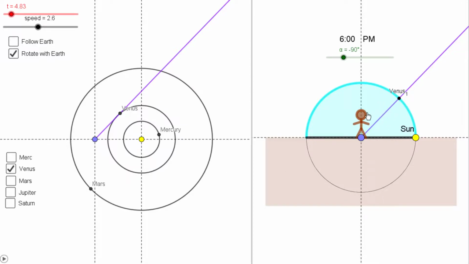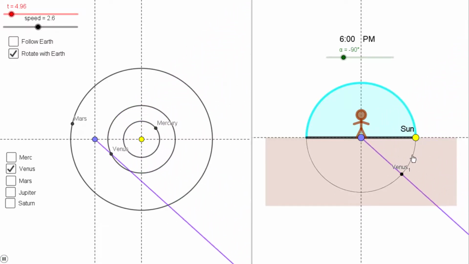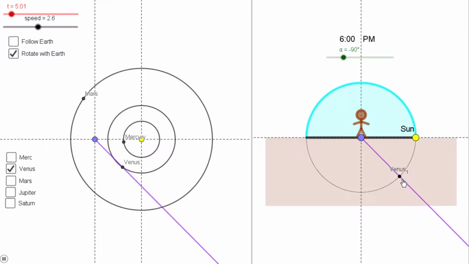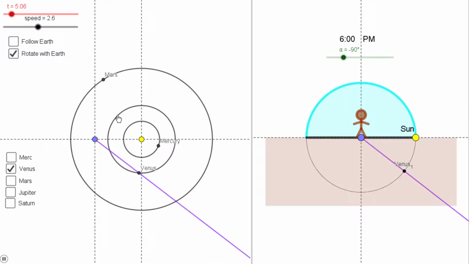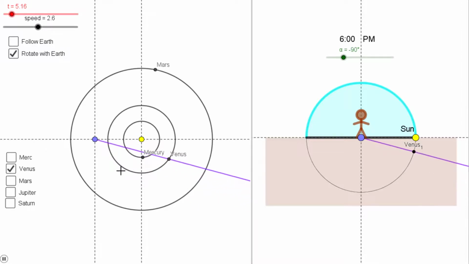And you can see that translates directly into what you see outside at night. So the inner planets are very easy to see orbiting the sun, because that's exactly what we're looking at here. So, the oscillation back and forth. Notice how quickly Venus went from the evening sky to the morning sky, because it only went a short distance from the tangent point here down to the tangent point here.